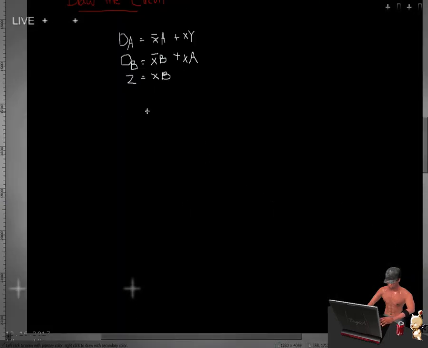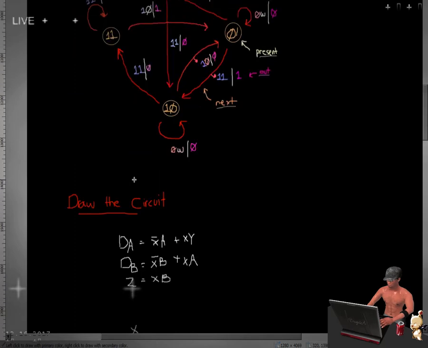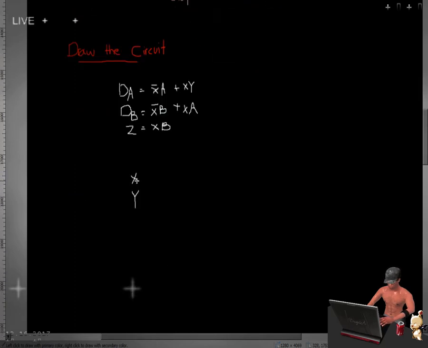Here's the combinational circuit, you guys. We have an X input and Y. We have two inputs coming into this combinational circuit. But we also have your present state. The present state comes out of the flip-flop.